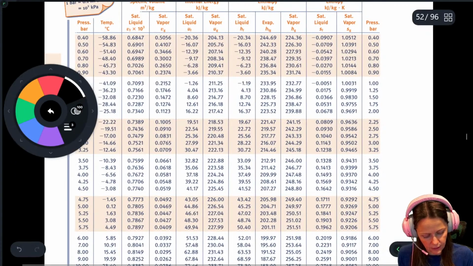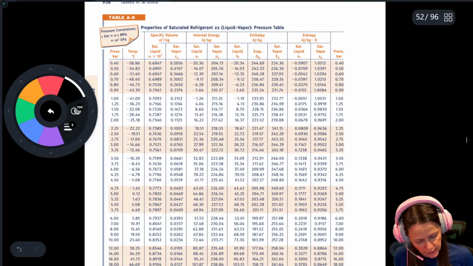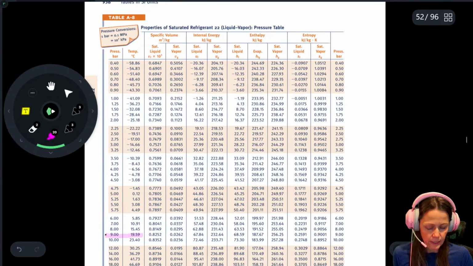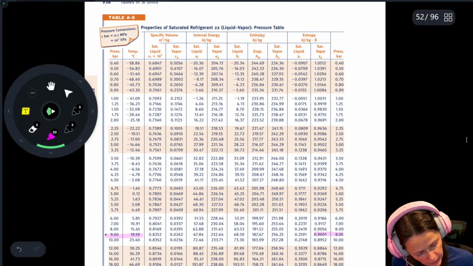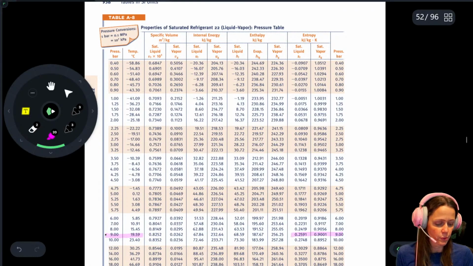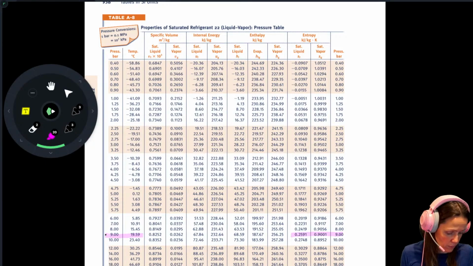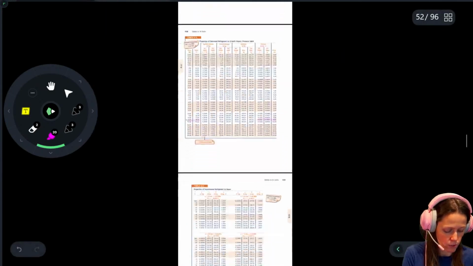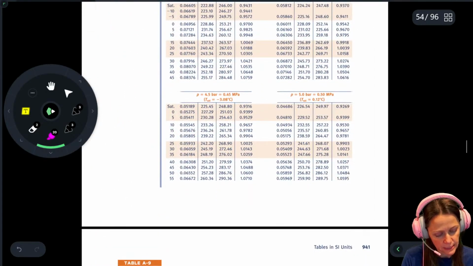You can see my saturated tables organized by pressure. Here at 9 bar, you'd have to have an entropy of 0.9001 or less, or between 0.2591 and 0.9001, and we're at 1.005. So clearly it's superheated.